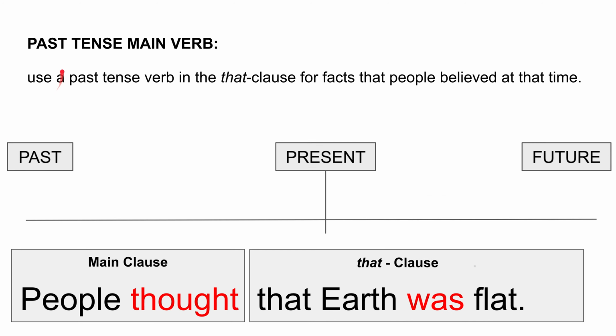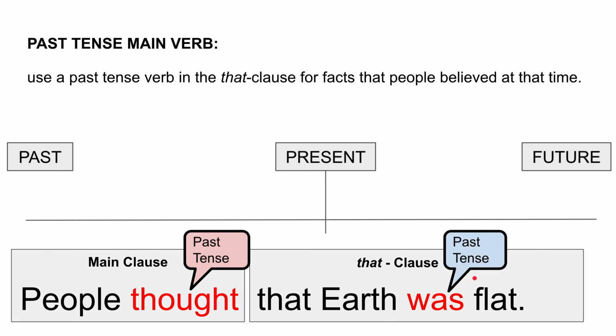Next is another past tense main verb. Use a past tense verb in the that clause for facts that people believed at that time. Let's read this. People thought that Earth was flat. What am I saying here? My main clause, the main verb in the main clause, is in the past tense, occurring in the past. What is the that clause? Earth was flat.